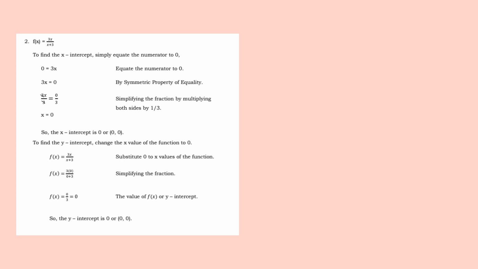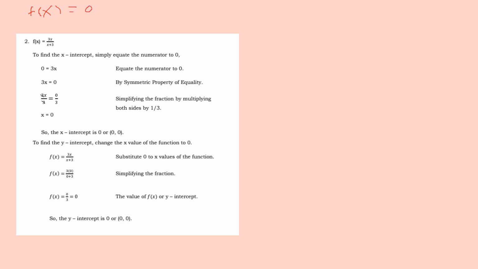Why, ma'am, do we equate the numerator to 0? Well, if you let f of x be equal to 0, the same thing will happen as in number 1. f of x is equal to 0.